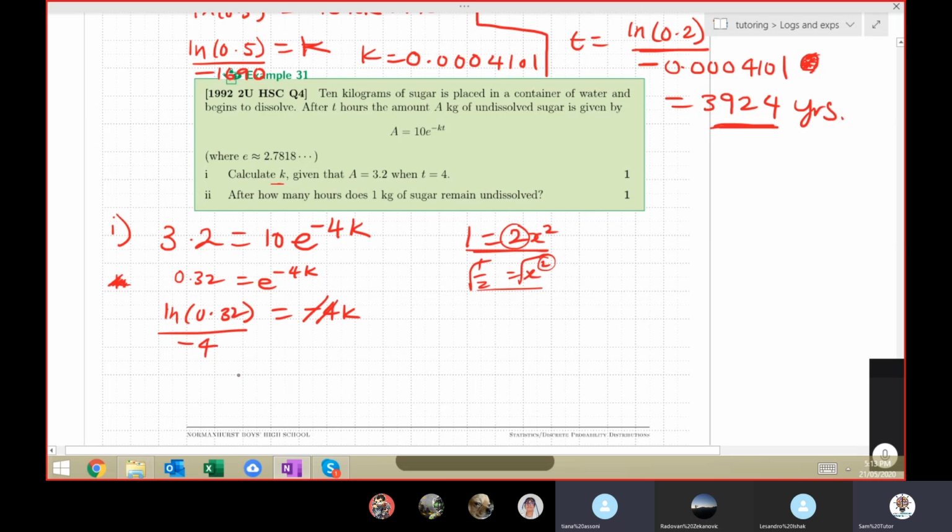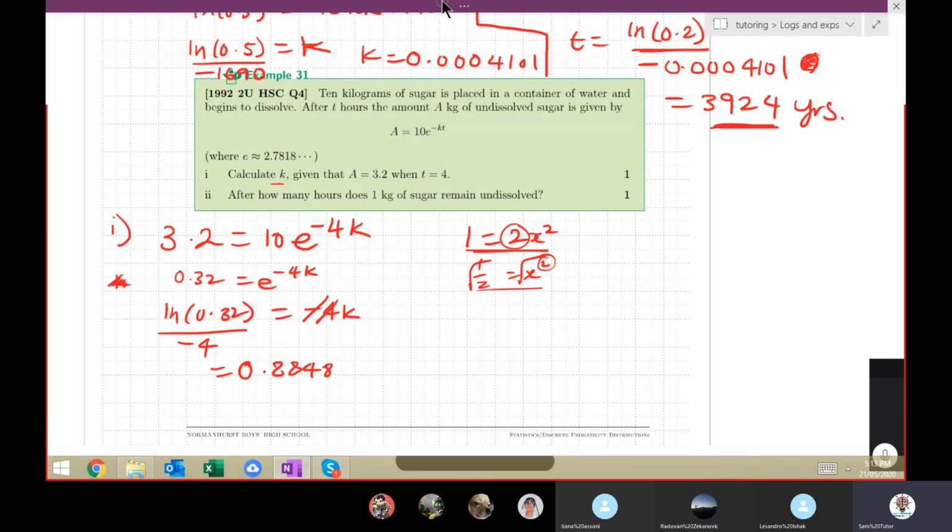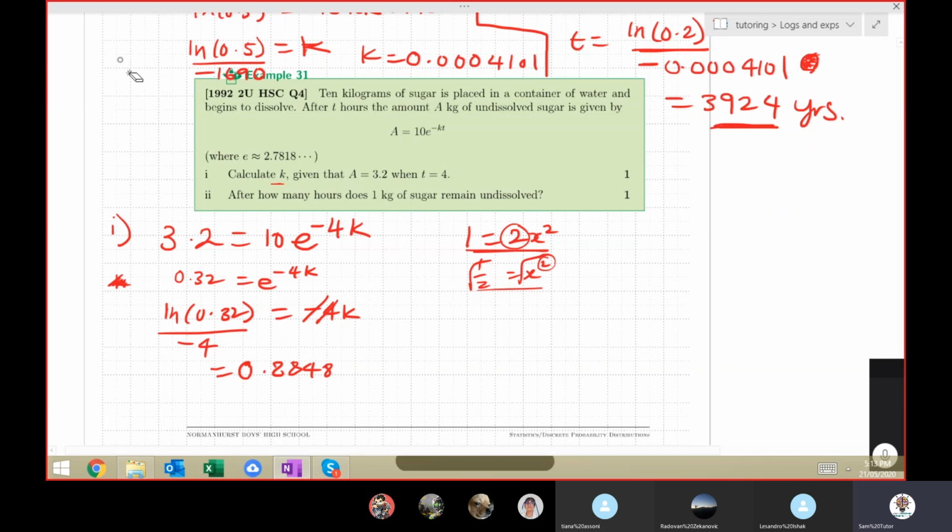So you go log 0.32 divided by negative 4, and it gives you 0.284 and the rest. Too good. All right, thanks, Sim. You're welcome. Good job. Just your first step looks like you're getting wrong. So that's good.